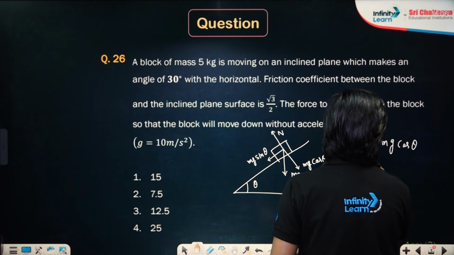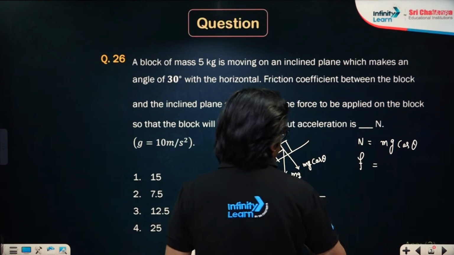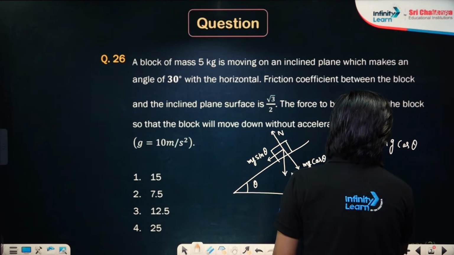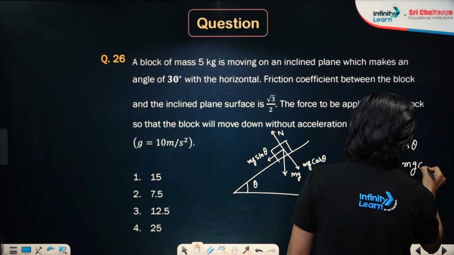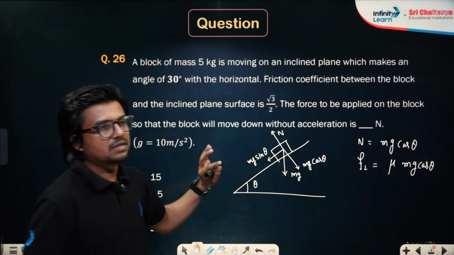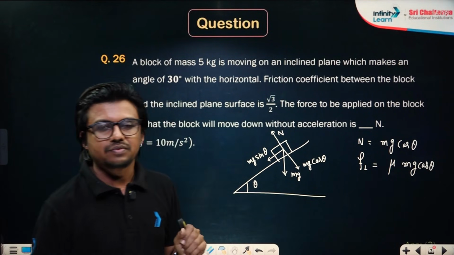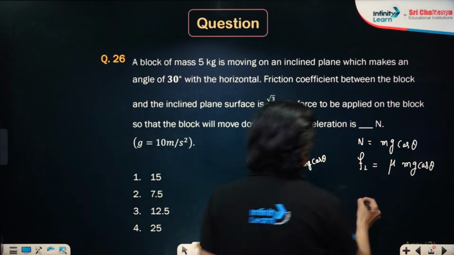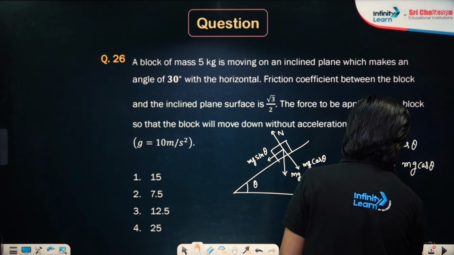Now you can write the force of friction. If I write limiting friction, this is equal to mu into mg cos theta. What is that mu? Mu is the coefficient of static friction, and the only one given is square root of 3 by 2.